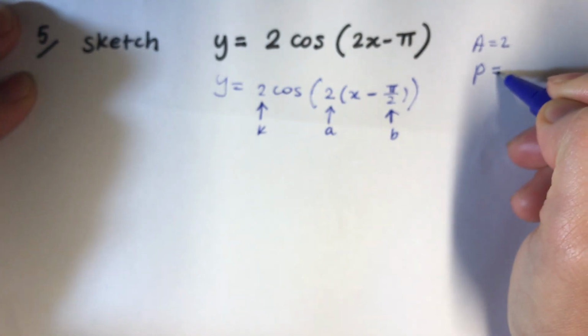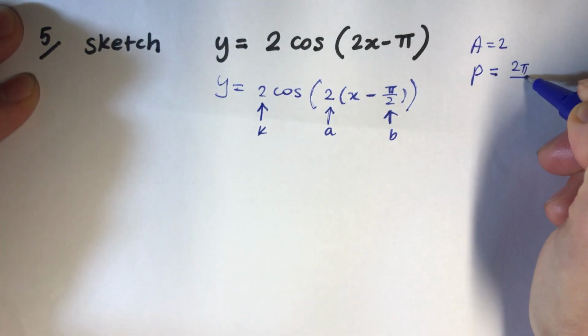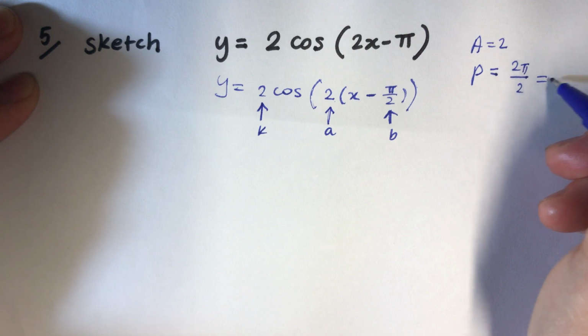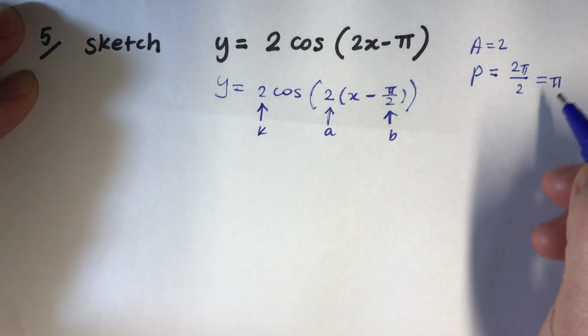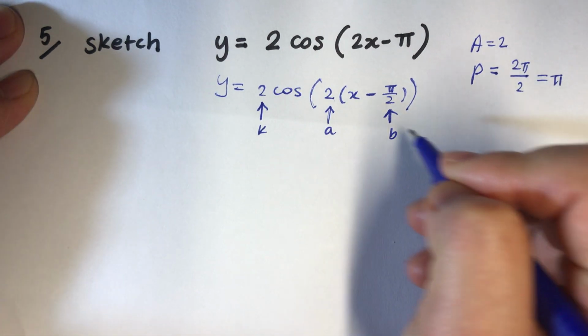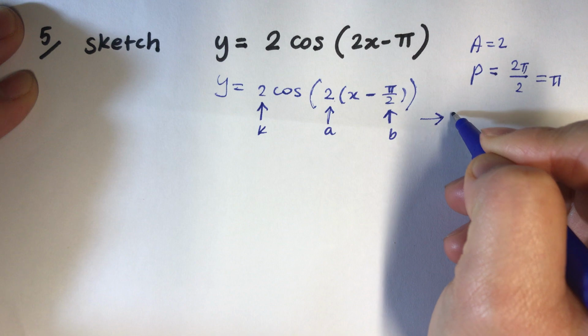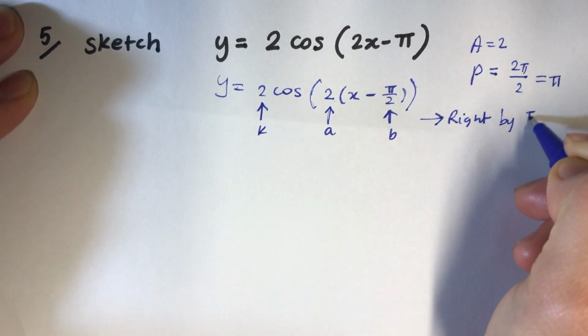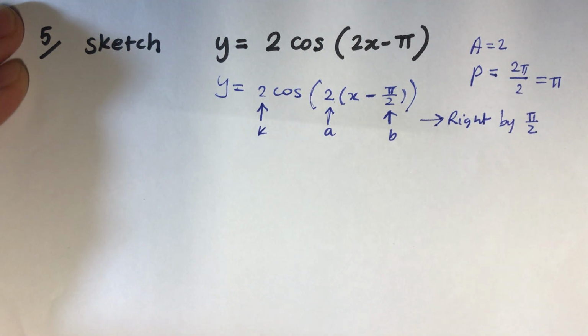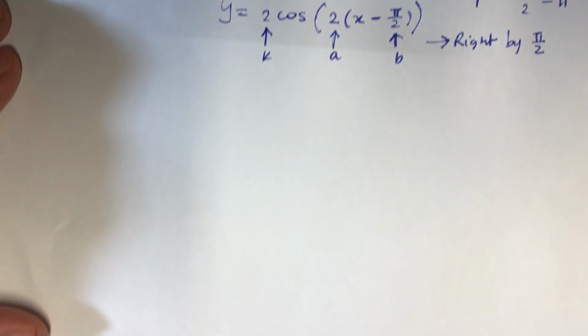My period is 2 pi over 2, which is pi. So it will get 2 patterns, and then it's shifting to the right by pi over 2. Okay, so this is the information I've got.